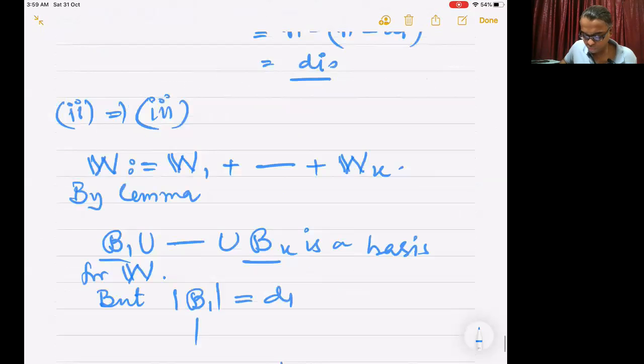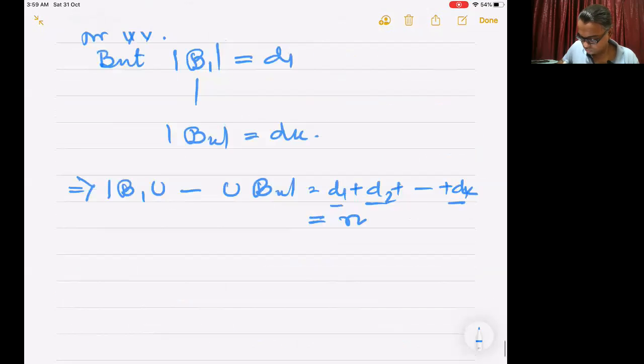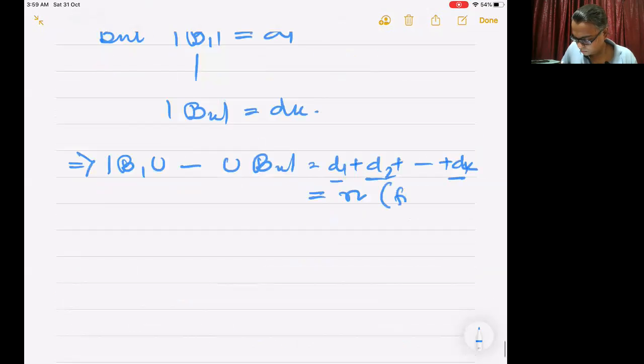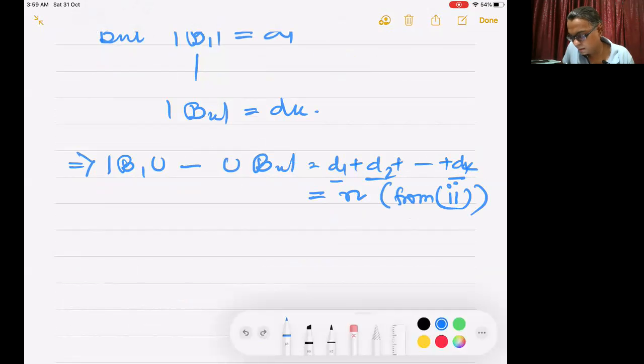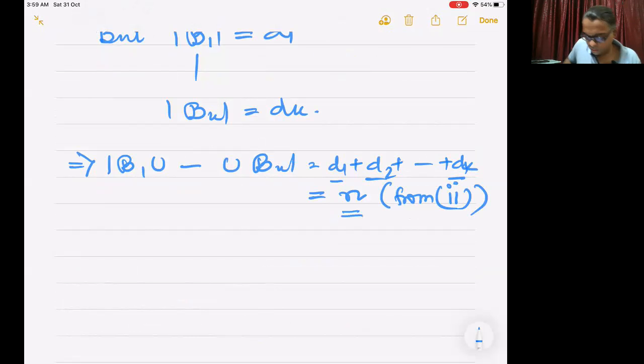Yeah, this follows from statement 2: the d1 up to dk are the algebraic multiplicities, so they sum up to n. So the dimension of W is equal to n, but W was a subspace of V, which has dimension n.